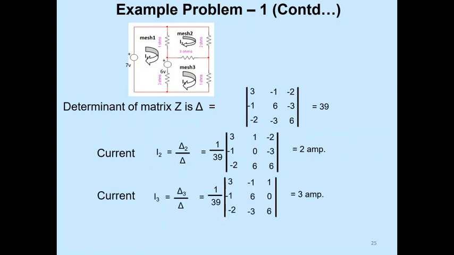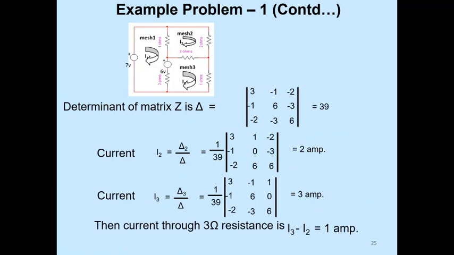And I3 is equal to delta 3 by delta, that is 117 by 39. By solving this, the third column is replaced by the voltage matrix, and delta 3 by delta is equal to 3 amps.